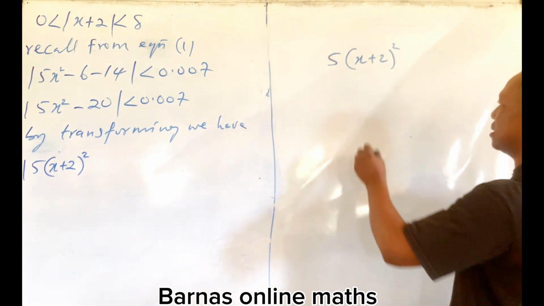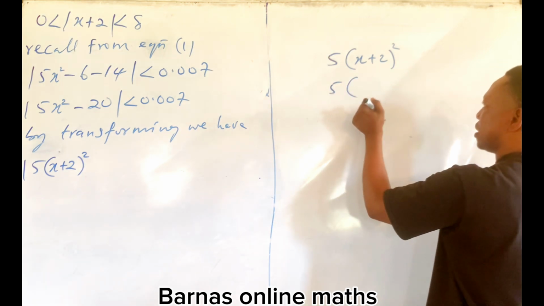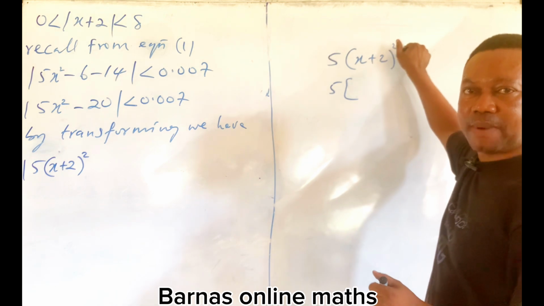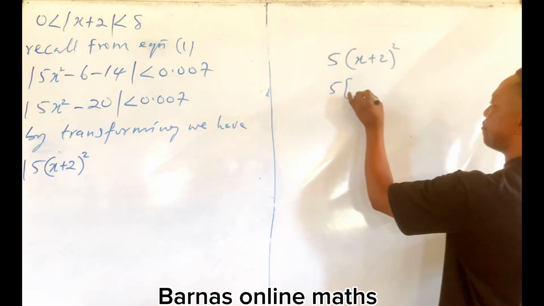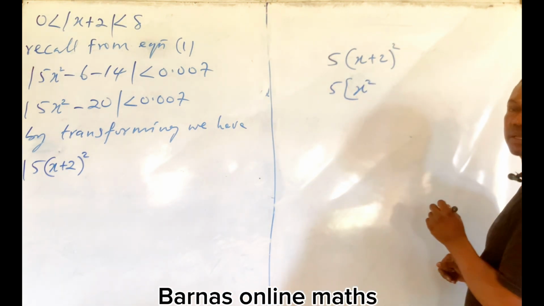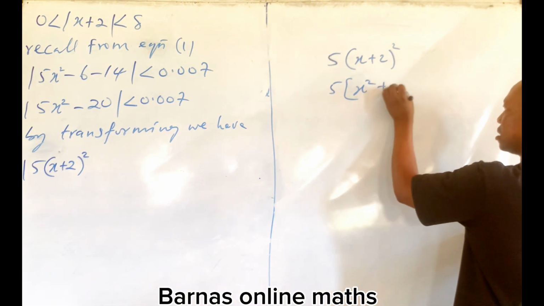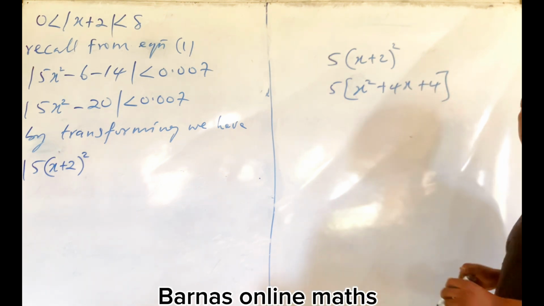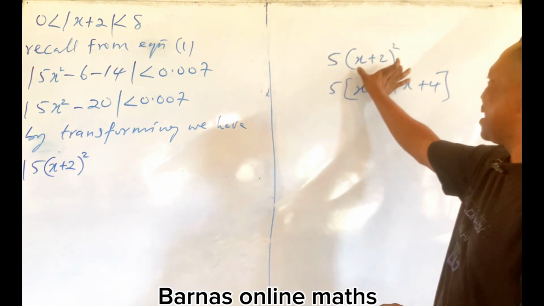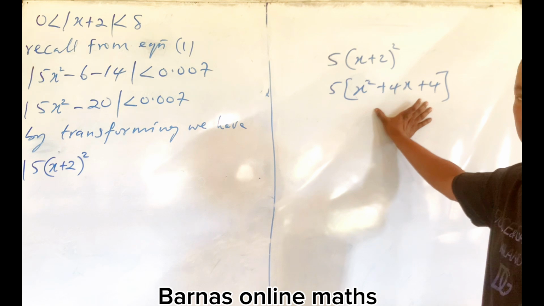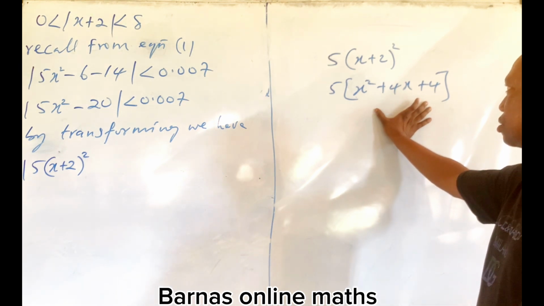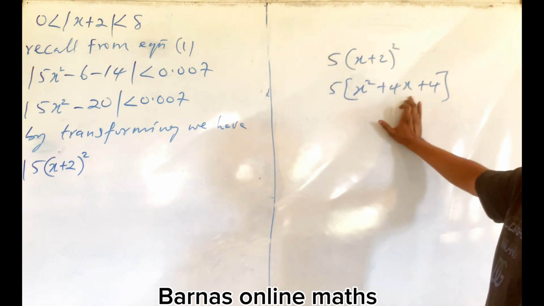Now let's expand. That becomes 5 into, if we expand x plus 2 all squared, x squared plus 4x plus 4. That's exactly what we are going to have.